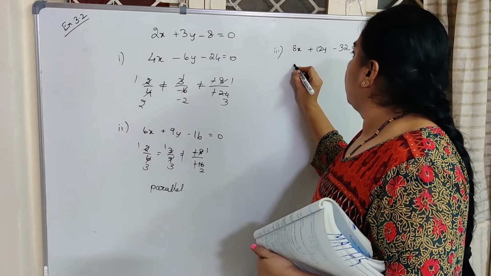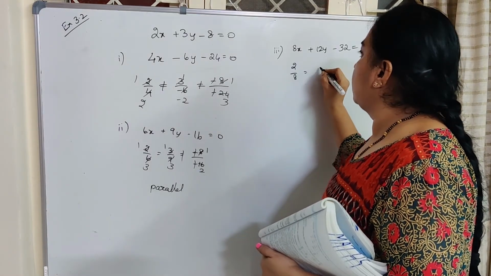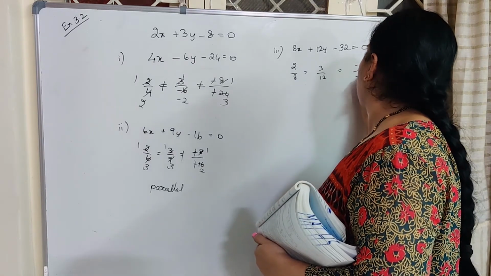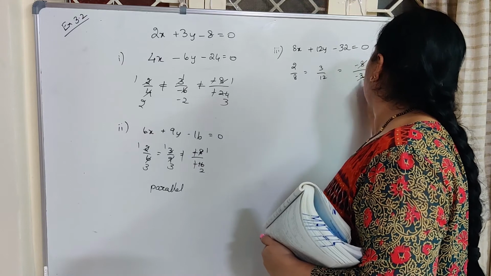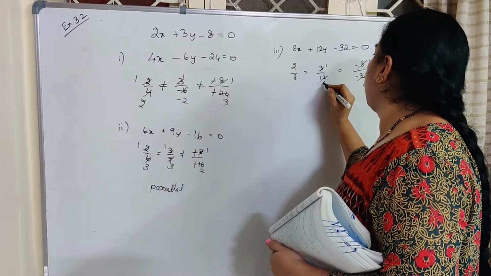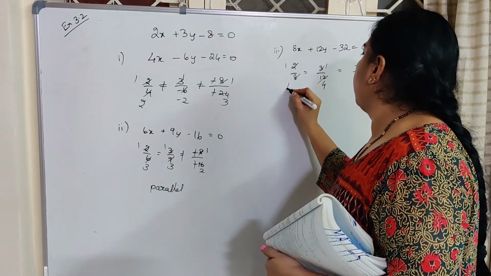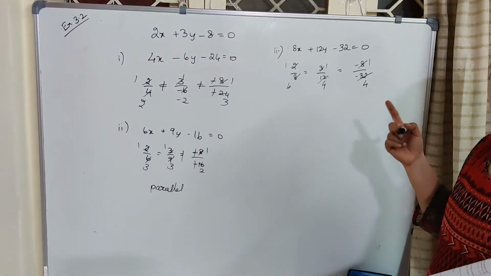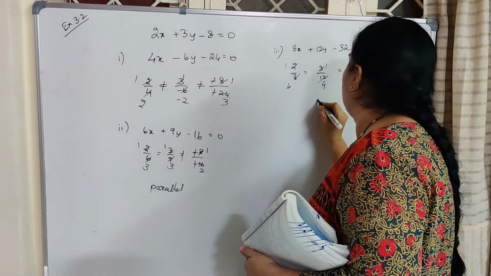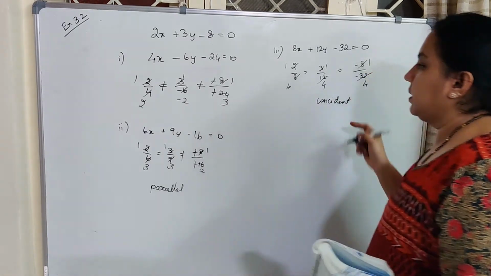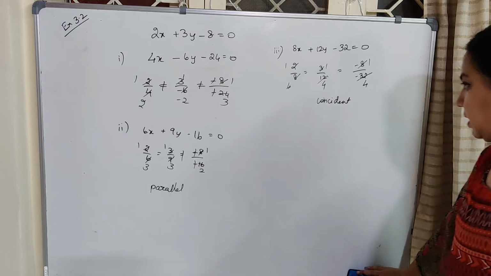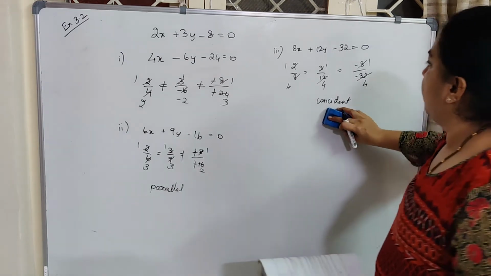I get 2 by 8 is equal to 3 by 12 is equal to minus 8 by minus 32, 1 by 4, 1 by 4, 1 by 4. When I get such a result, I get overlapping lines, coincident lines. Then the last sum of the exercise.